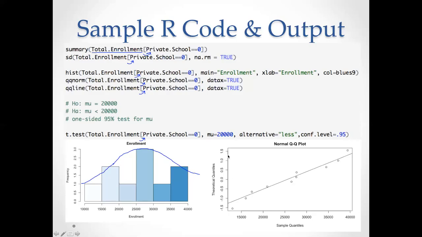Also, in our QQ plot over here on the right, notice that the points are more in alignment in this graph. They're closer to the line imposed on the QQ plot, indicating the data is more normally distributed. So that's all good news as we move into interpreting our t-test.